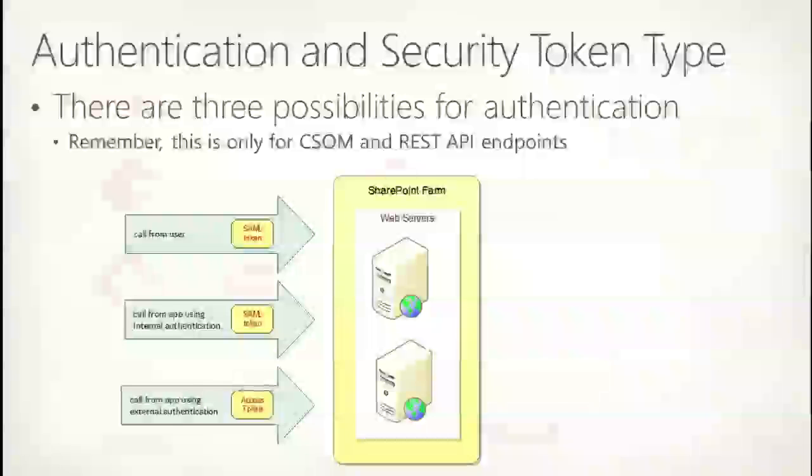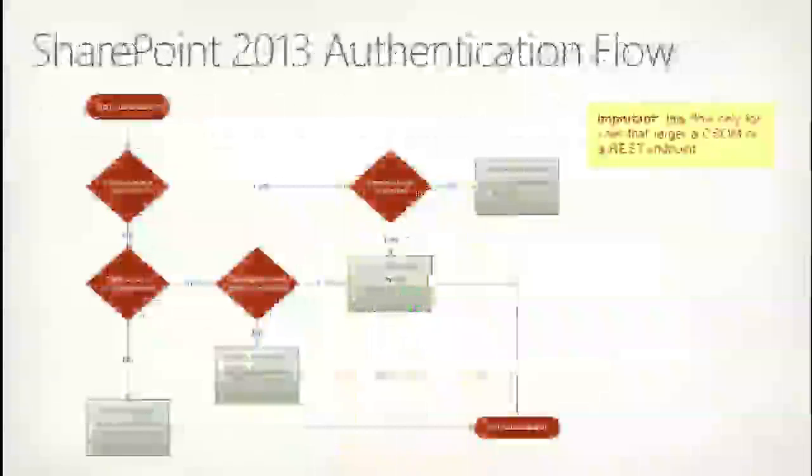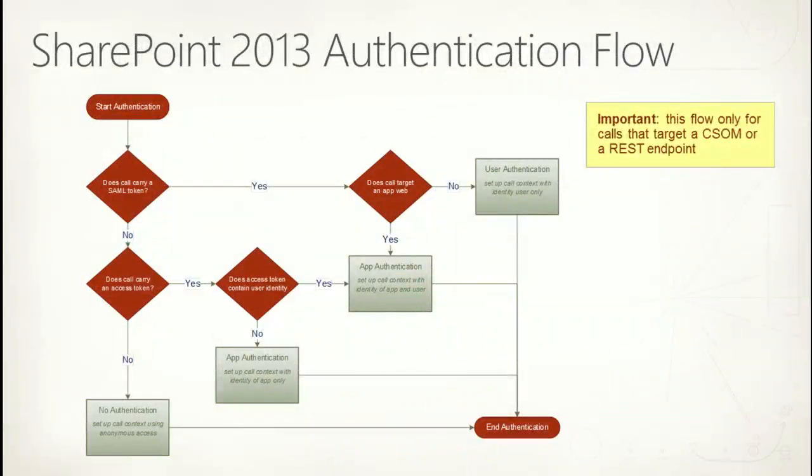Okay, now, let's look at this flow chart right here. So, you're a SharePoint farm. You're just sitting around looking for something to do. All of a sudden, this call comes in through a CSOM or REST API endpoint. So the first question is, let's look in the headers. Is there a SAML token? If there is a SAML token, the next question you ask is, does this request target a URL that I can map to an app web?